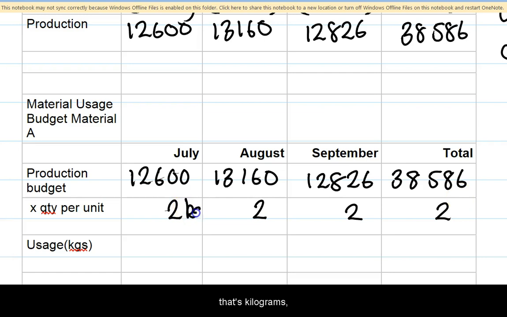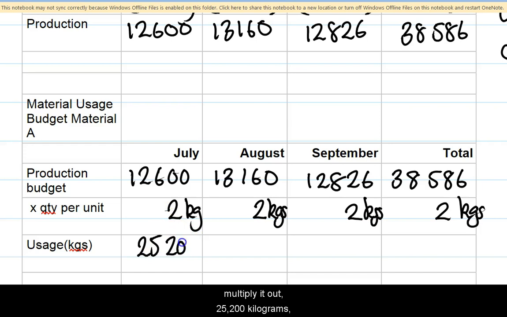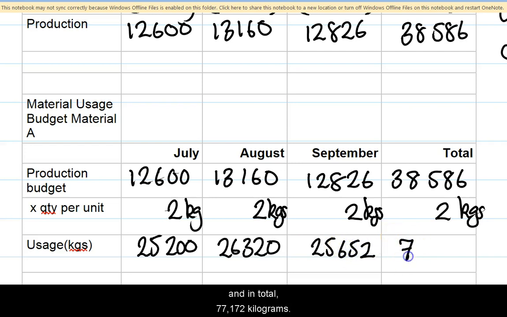And our material usage in kilograms, multiply it out, 25,200 kilograms, 26,320 kilograms, 25,652 kilograms, and in total 77,172 kilograms. So that's how much materials we need to use to make our required production.